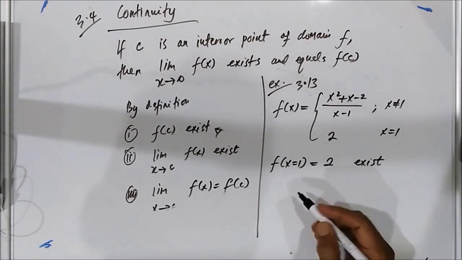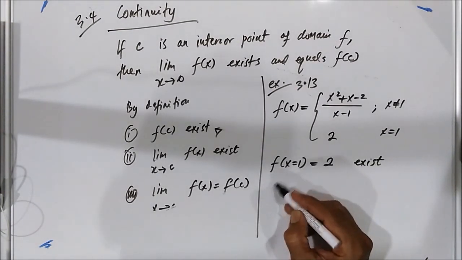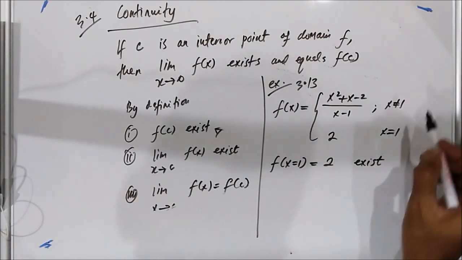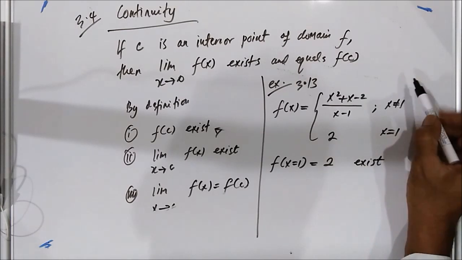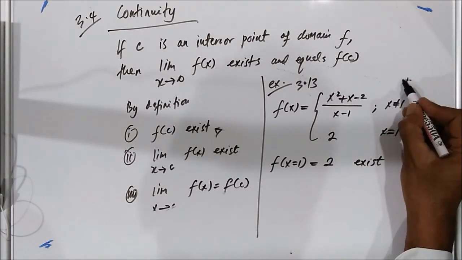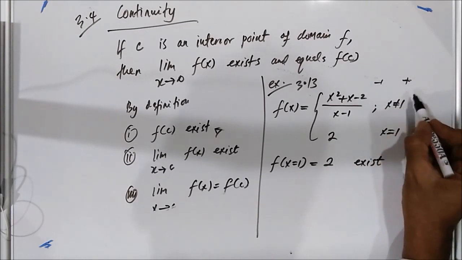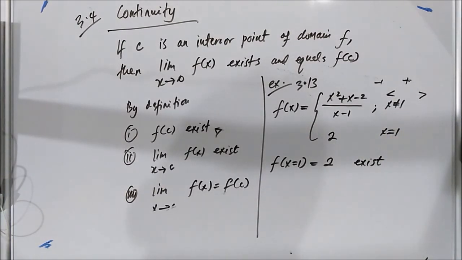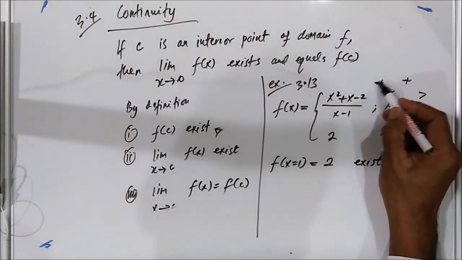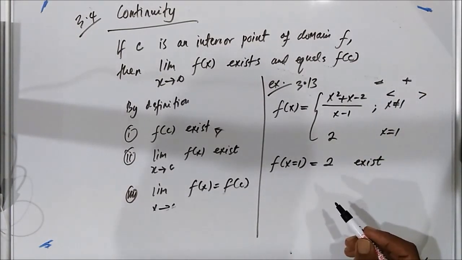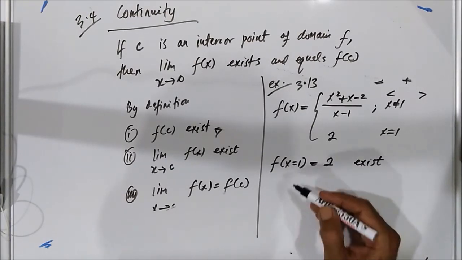Now, I want to find the limit of f(x) as x approaches 1. This can be from the positive direction or the negative direction. x is not equal to 1, it can be greater than 1 or less than 1. Less than 1 is the negative direction, greater than 1 is the positive direction.